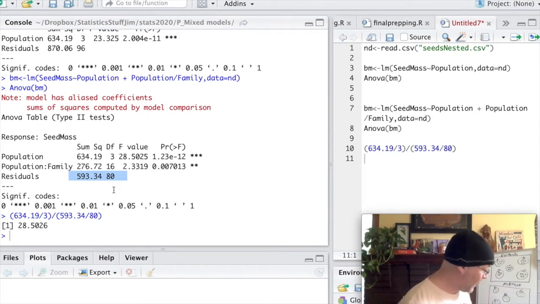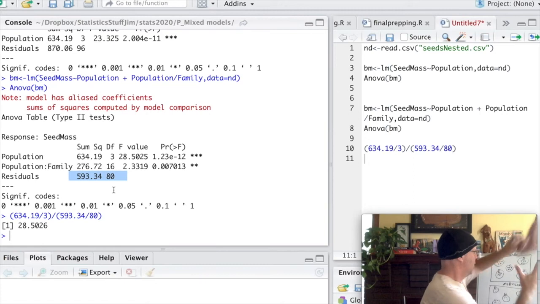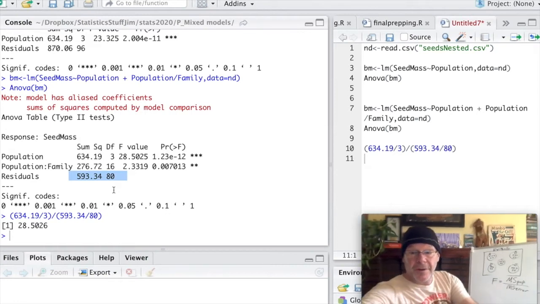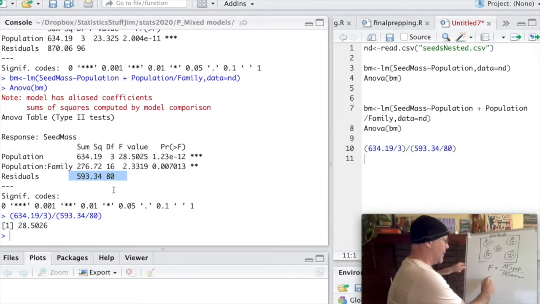And so instead of calculating our F by taking the mean squared of population divided by the mean squared error, what we're going to want to do instead is calculate the F as the mean squared of the population divided by the mean squared of family nested within population.